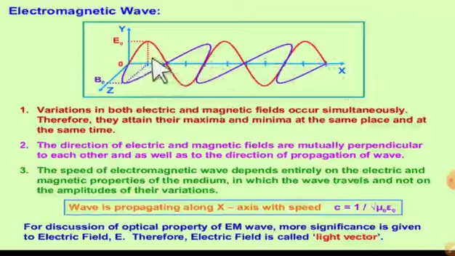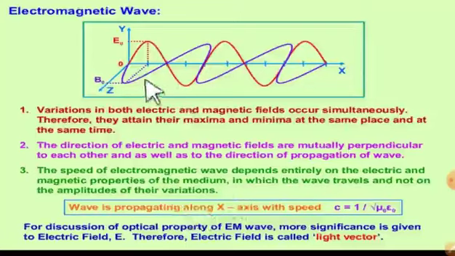So light is also an electromagnetic wave, and these electromagnetic waves are due to the electric field vector and the magnetic field vector, which vary sinusoidally and perpendicular to each other. Now the speed of these electromagnetic waves depends entirely on the electric and magnetic field properties of the medium in which the wave travels, and not on the amplitude of their variation.